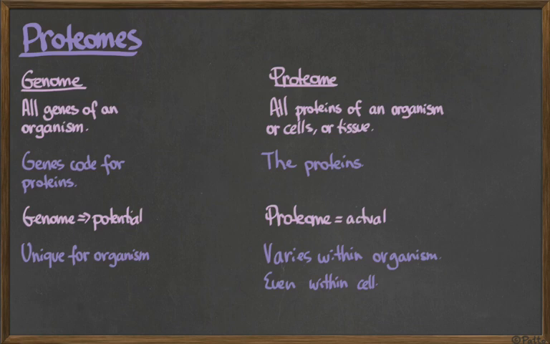But the proteome depends on which proteins are made by which cells. So you have a proteome for your entire body, but every single cell of your body also has its own proteome, because it has its own collection of proteins inside of it. Genomes are identical in every cell, proteomes are different in different types of cells. This is the difference between proteomes and genomes.